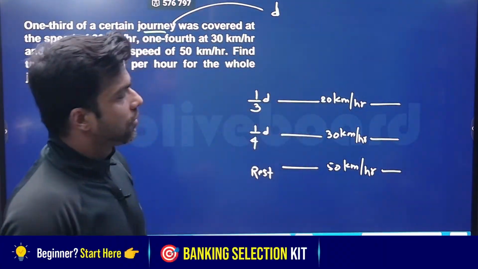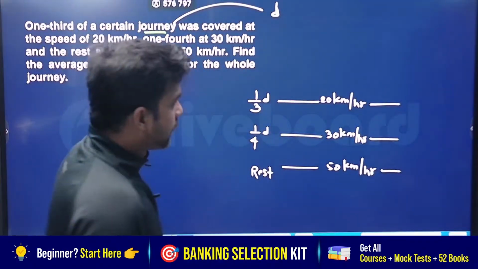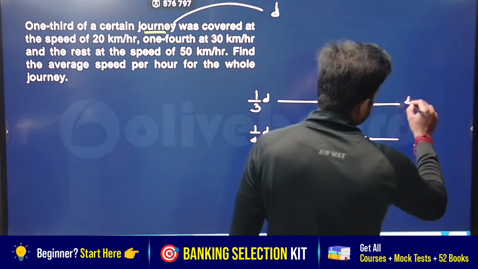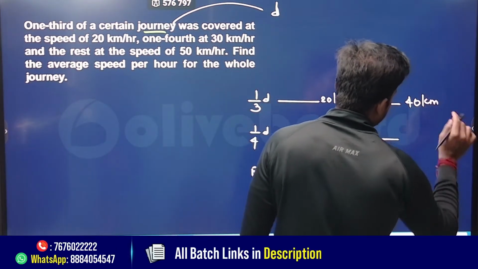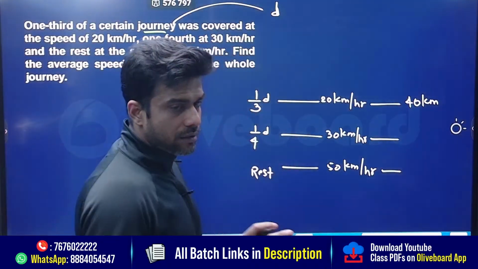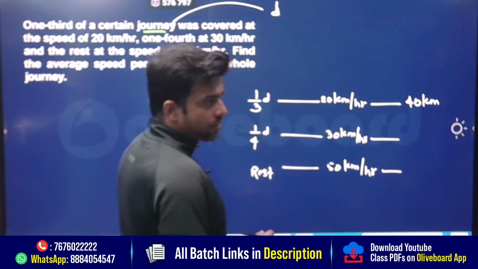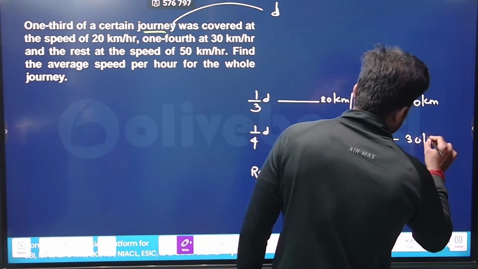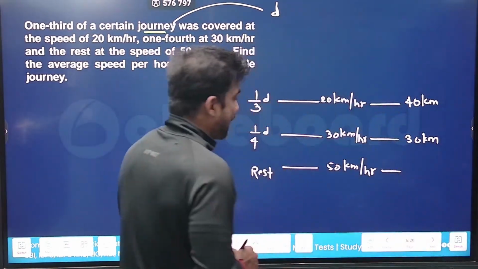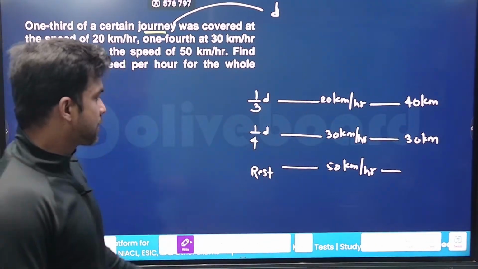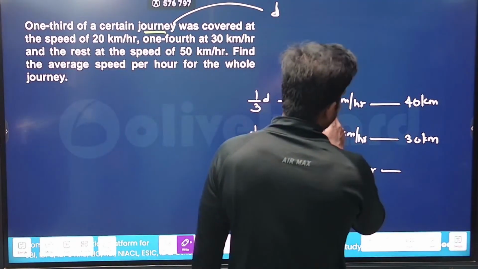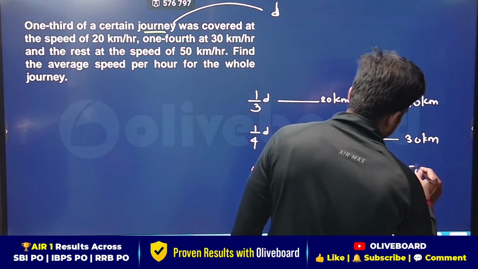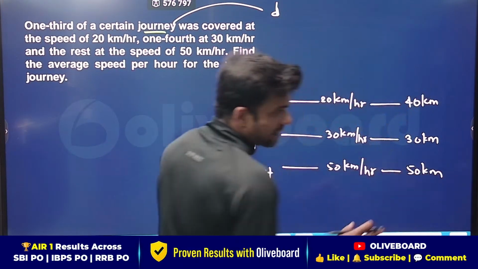1/3 at 20 kilometers per hour. Can I say here the distance would be 40 kilometers, or you can assume anything, you'll land up at your answer. Nothing wrong in that. Can I say this should be 30 kilometers? And the rest, can I say the rest would be 50 kilometers, because 1 hour at 20 kilometers. So can I say 50 kilometers? Is there any problem in this?